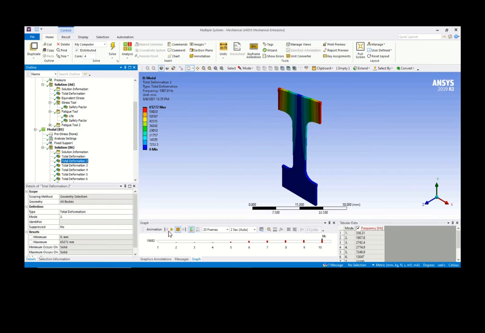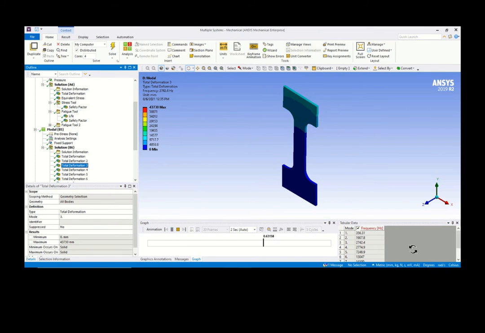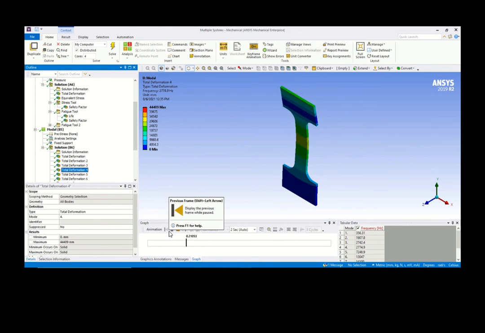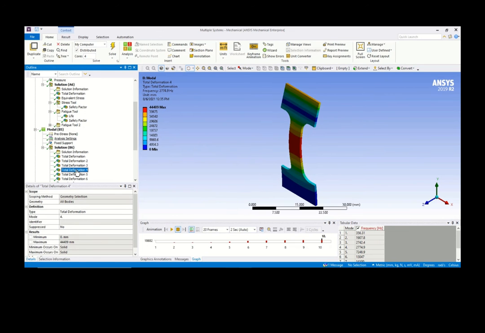Then the second mode at 1907. Third mode in the X direction. Fourth mode, the second bending mode, happens at 2774. So this is the dynamic behavior at different frequencies. We know how it will behave.